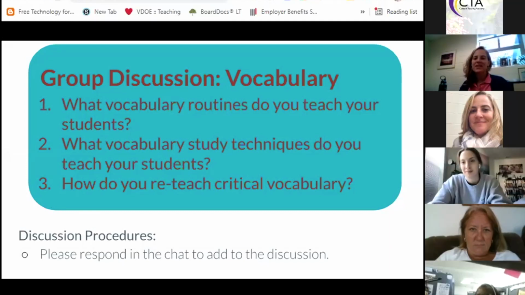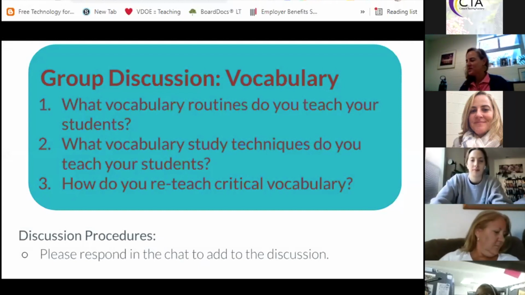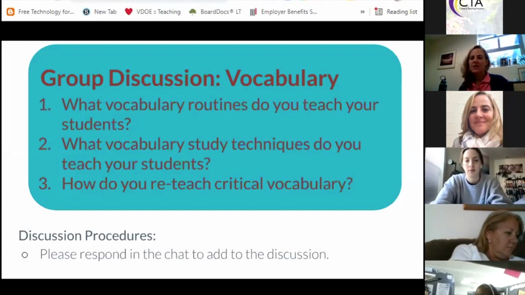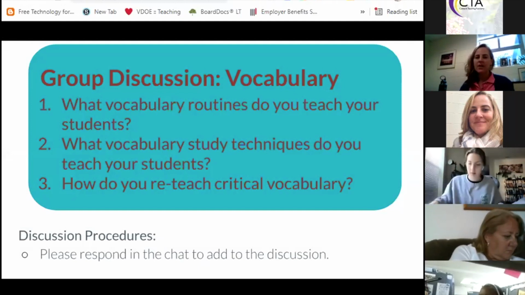I got to jump into 3 of the breakout rooms, and I really saw some robust conversations going on about teaching and reteaching, the importance of vocabulary, and how it's critical to identify the words.